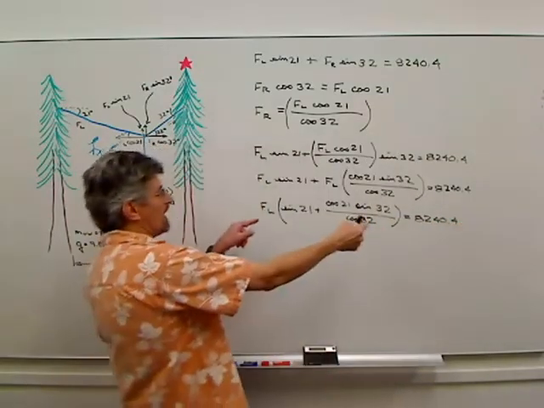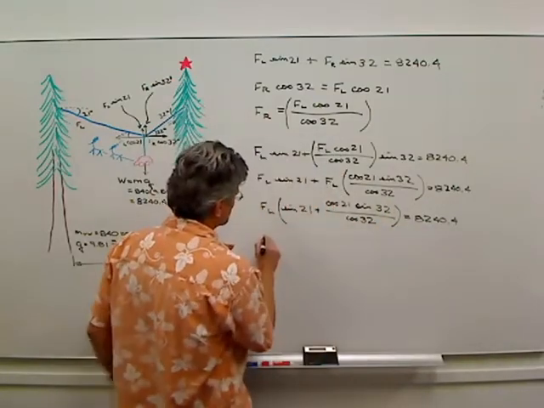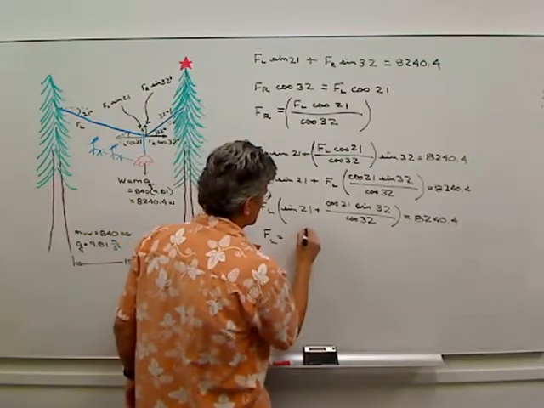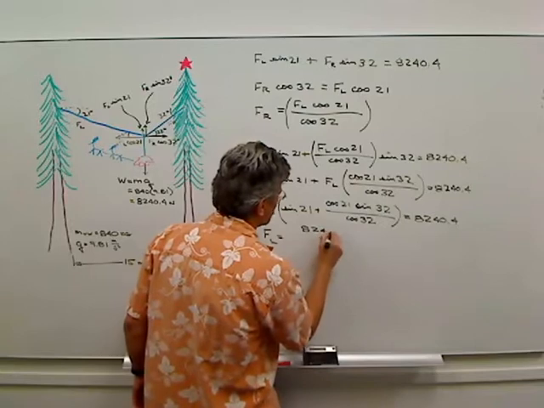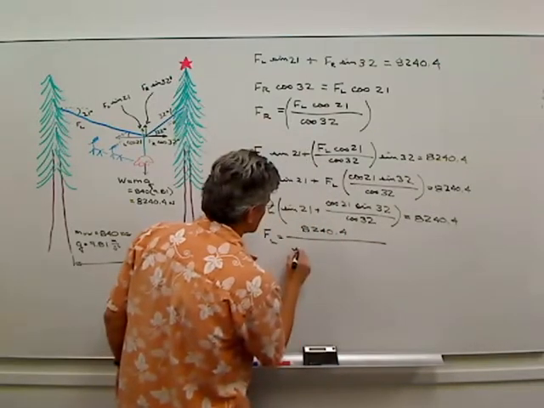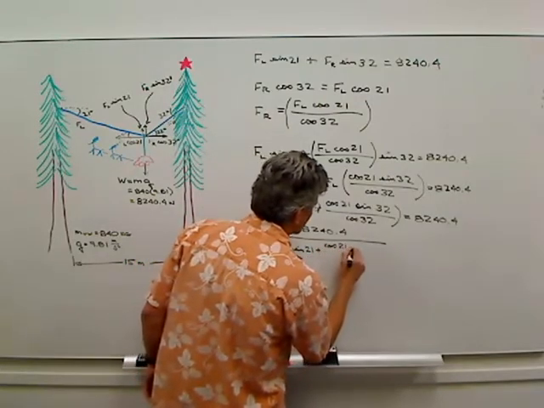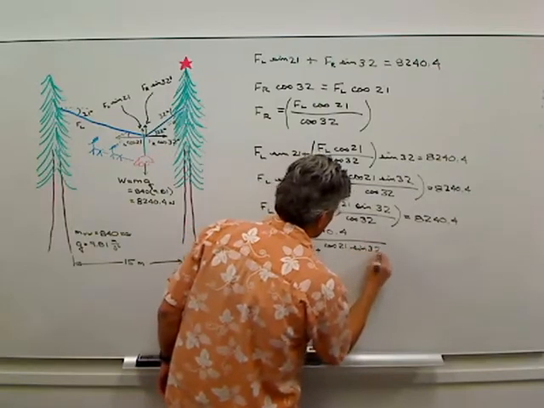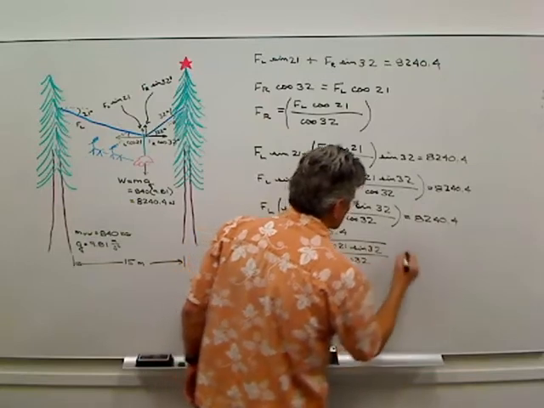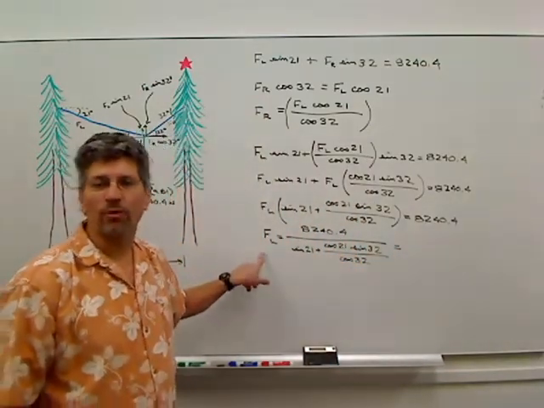And now we just divide both sides of the equation by this big mess here, and we'll have an expression for F sub L is equal to 8240.4 divided by sine 21 plus cosine 21 sine 32 over cosine 32.